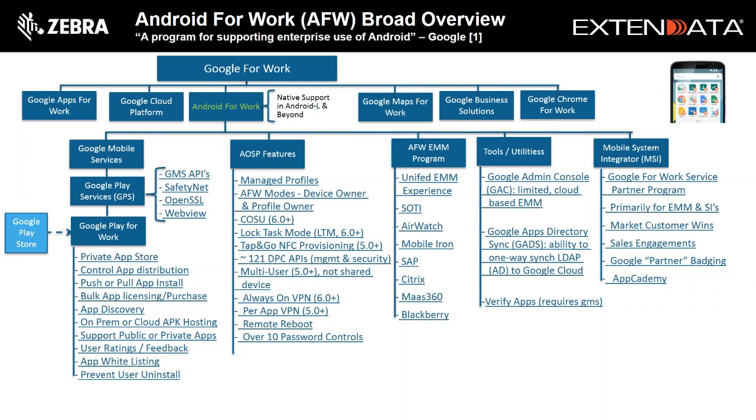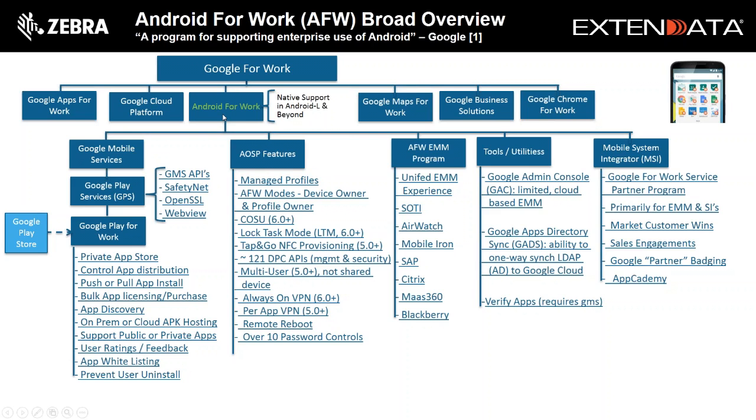It's basically everything that Google does to support security, to support enterprise. So it's an amalgamation of a lot of different things, and that's the one thing I want you to take away from this chart: when somebody says, are you doing Android for Work, the two areas that are most important here are Google Mobile Services and AOSP.